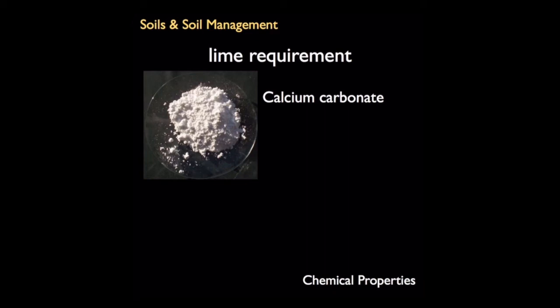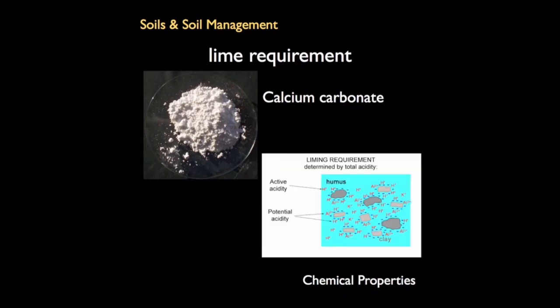The amount of liming agent needed to raise the soil solution to a target pH is called the lime requirement. The pH of the soil solution represents the active acidity, those hydrogen ions currently in solution, but is not a guide to liming requirement because soil has potential acidity.